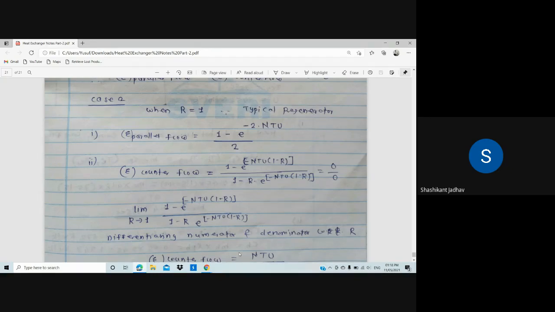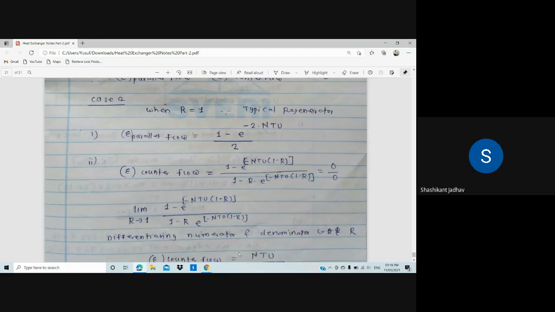So 1 plus 1, we get 2 in the denominator. So the effectiveness for the parallel flow heat exchanger is 1 minus e raised to minus 2 NTU divided by 2. This is the equation for the parallel flow heat exchanger.